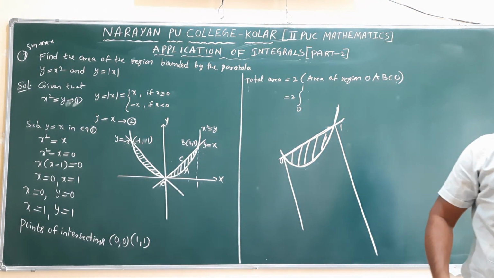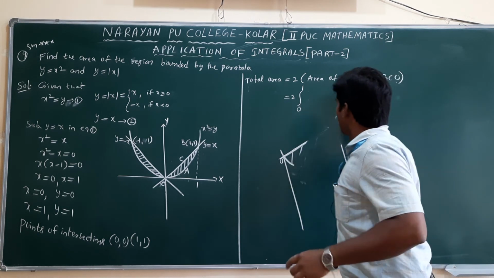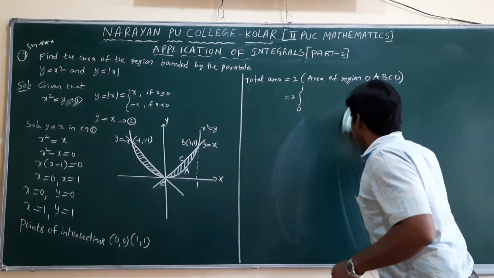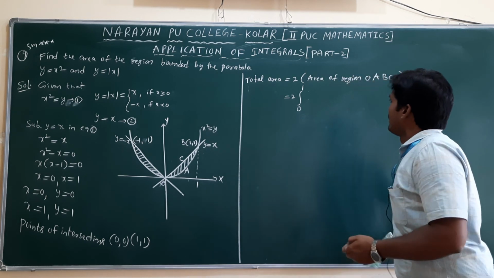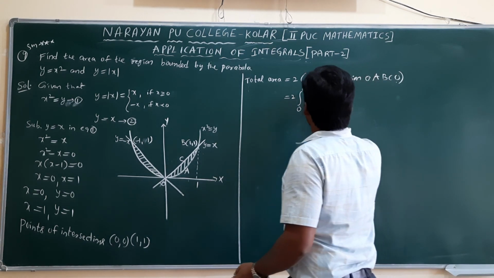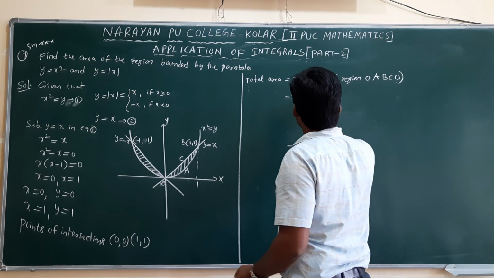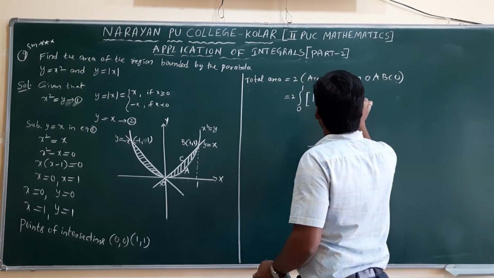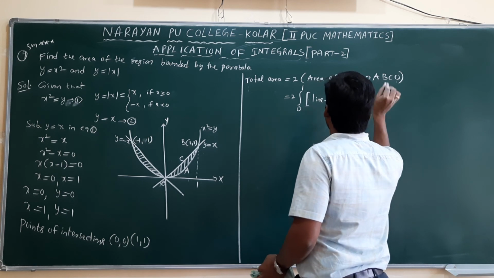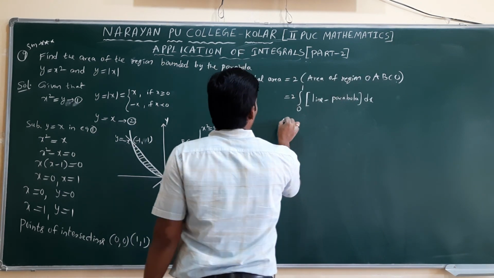Okay. So here upper is clearly the line. I am writing here. Lower is a parabola. With respect to x we are taking, that's why dx.